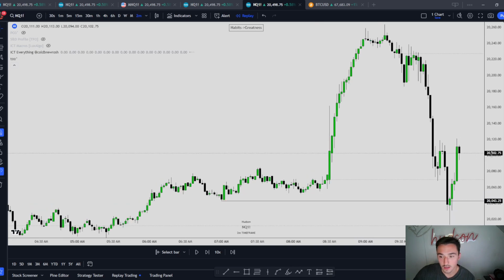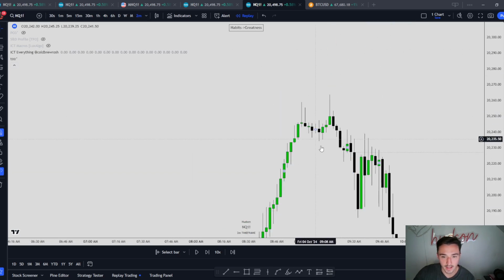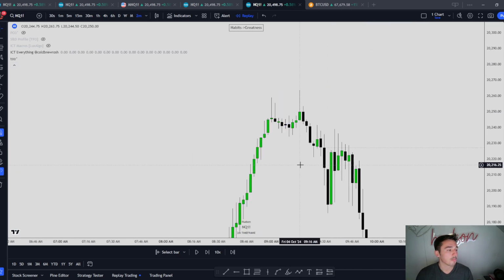Now, right here is your AMD. So think we're on the 2 minute time frame. These candles on the 1 minute would be split up even more, so it'd be double the candles. Think about that right here. There's double the candles in this accumulation. You can tell on the 2 minute that it is accumulating, but think about it on the 1 minute chart.